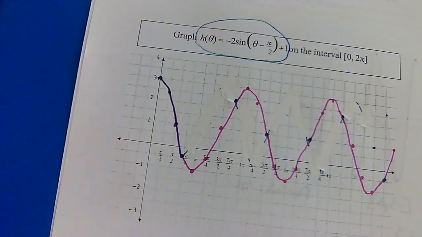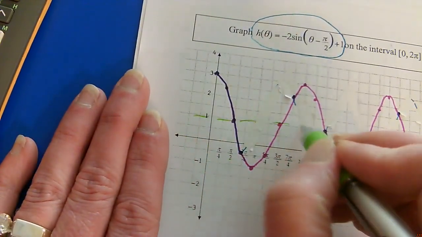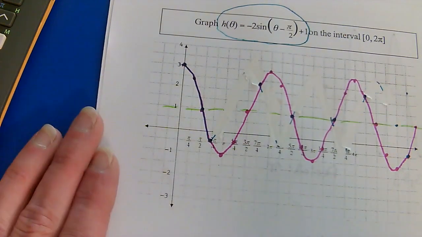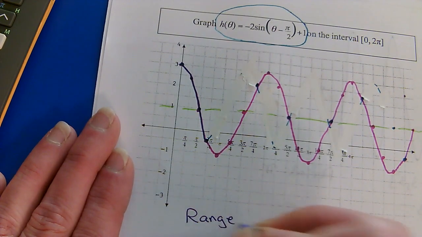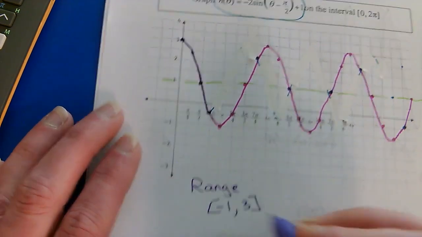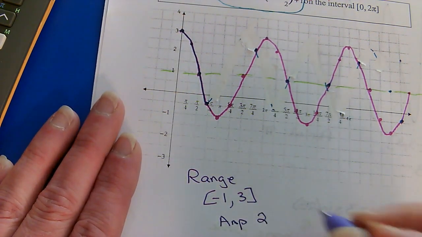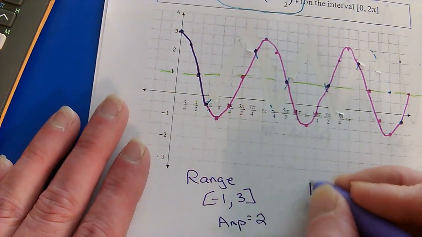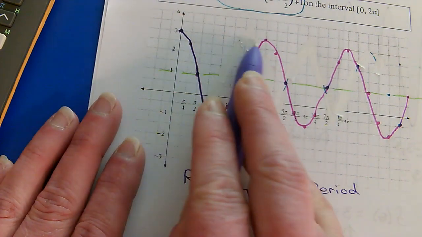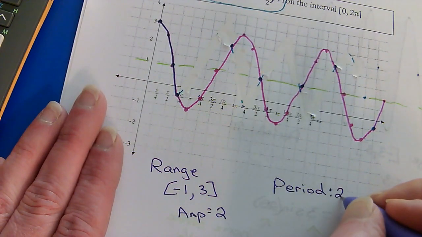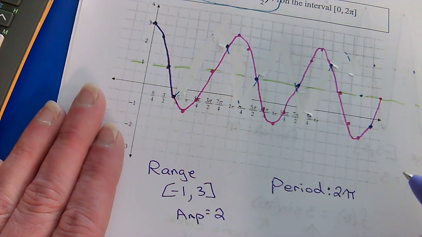Golly. So we have a middle line kind of right here, which is nice to see. Okay, so my range is from -1 to 3, and that makes my amplitude 2. My period, see how long it takes to repeat itself, is 2 pi. And there's a couple of weird things going on.